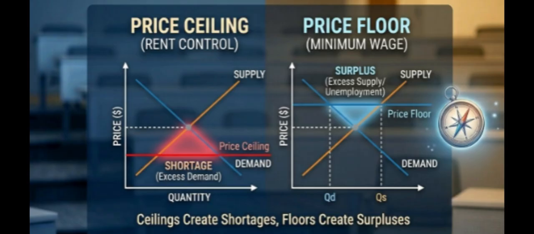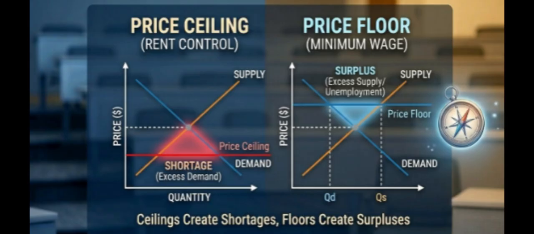So while we are talking about the ceiling, ceilings create shortages. You can see on the left-hand side of the exhibit the price ceiling, and the red glowing portion shows the shortage. And how about the price floor? A price floor sets the minimum legal price, such as minimum wages, drawn above PE, basically the equilibrium point.